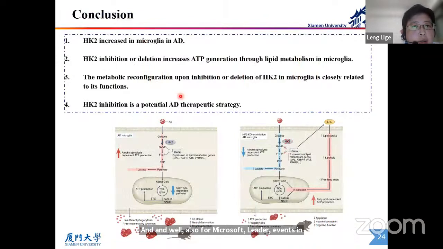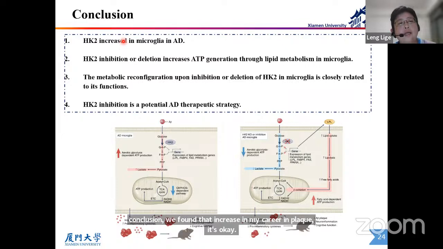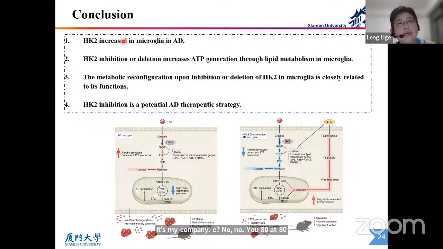So in conclusion, we found that HK2 is increased in plaque associated microglia in AD, not only in AD model mice, but also in AD patients. And we found that HK2 inhibition, pharmacological inhibition or gene deletion, increases ATP generation through lipid metabolism in microglia.